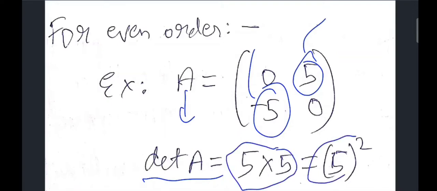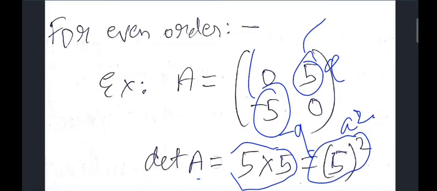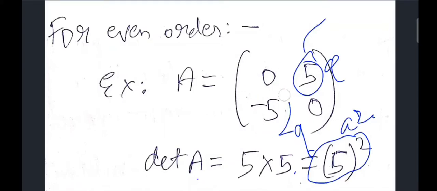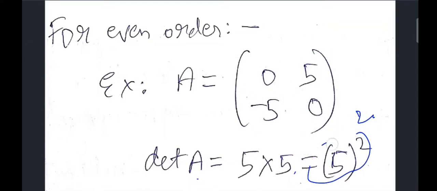So clearly, if it is A, then it will be equal to minus A, and minus A, minus into minus, A into A, that is equal to A square. So instead of taking 5 in the examination, you can take A and minus A, because matrix A is skew symmetric, and as matrix A is skew symmetric, you know this very well that this will be the case.